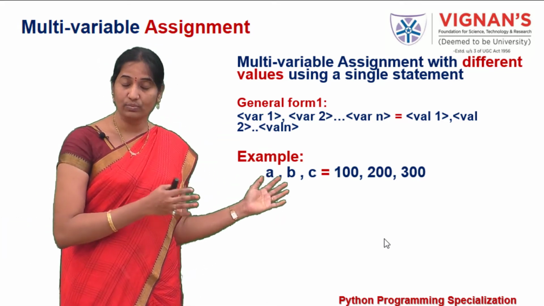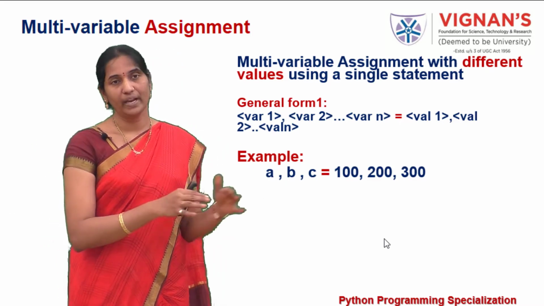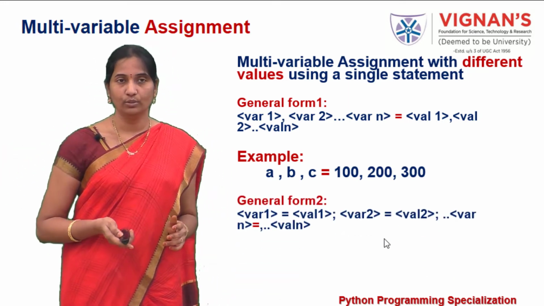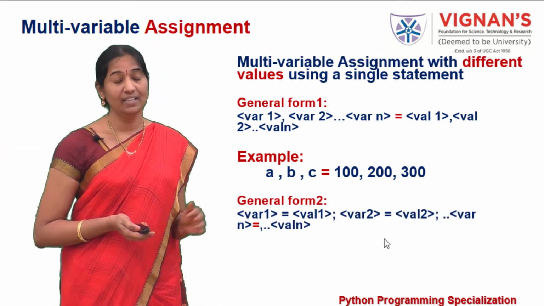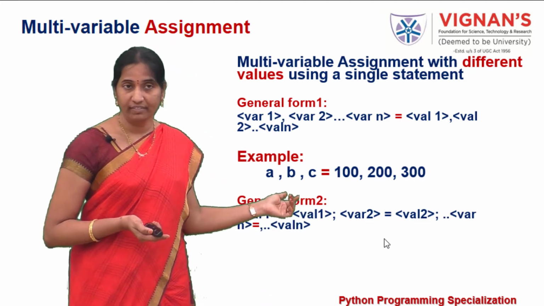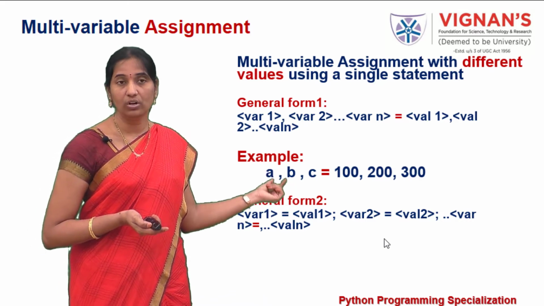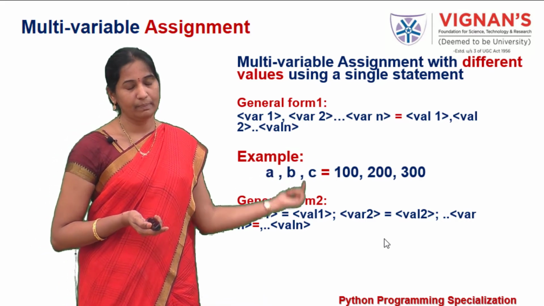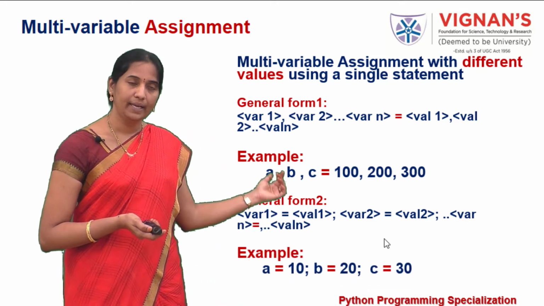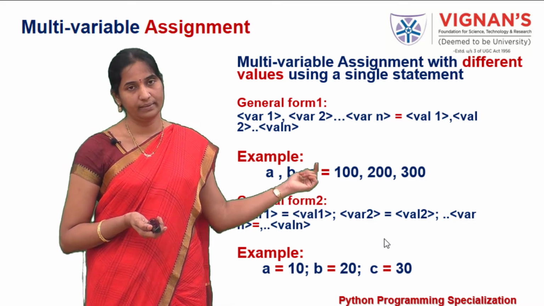In the last case we saw how to assign multiple variables with a single value, and now we have seen how to assign multiple variables with different values. Now let us see the other form of assigning different values to different variables. In this case we simply concatenate all the simple assignments, separated by a semicolon. Consider this example: a equal to 10 semicolon, b equal to 20 semicolon, c equal to 30.